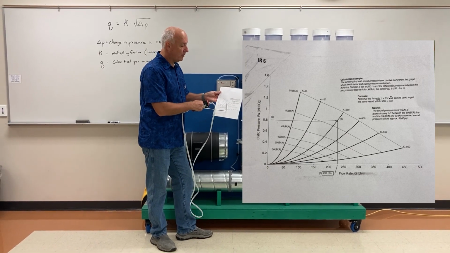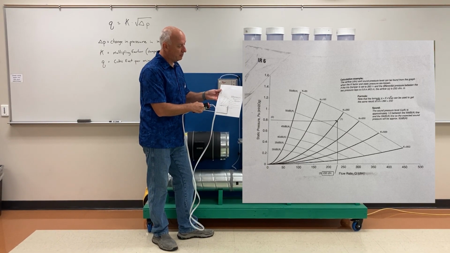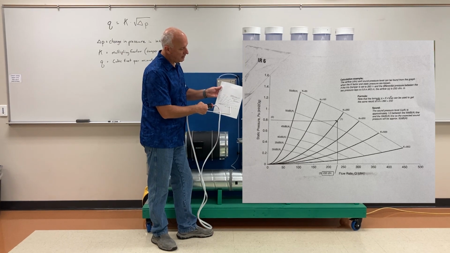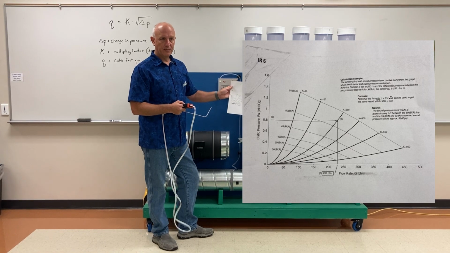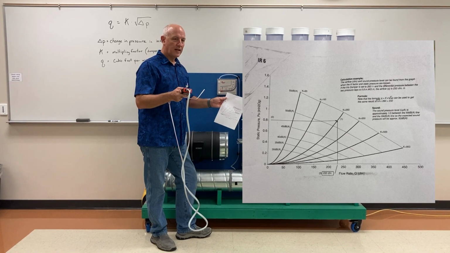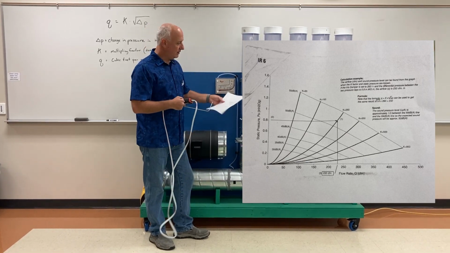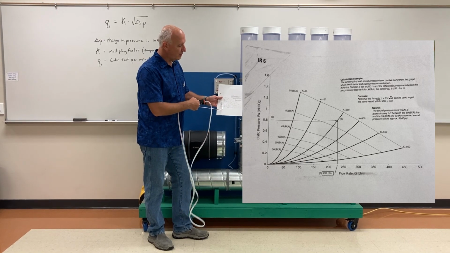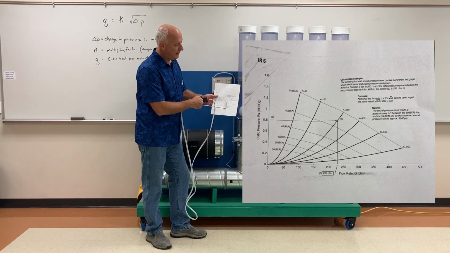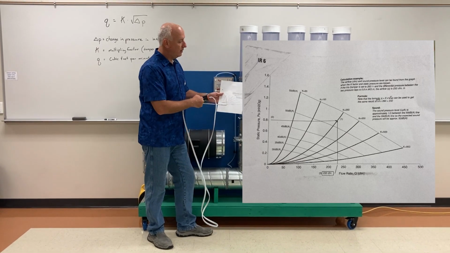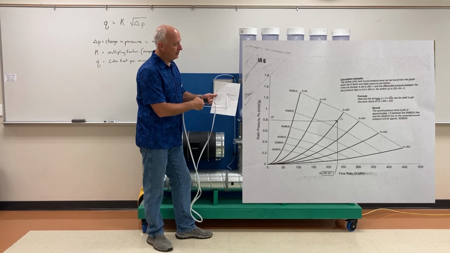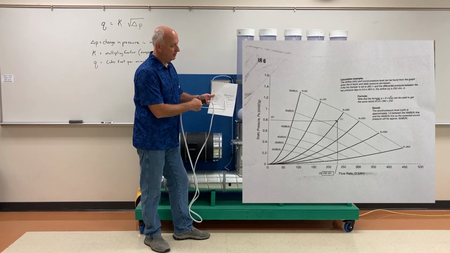You follow that across until it hits that curved line, and come across the bottom is quantity or your CFM, and you can get a measurement. So more precisely calculation, or you can come here and estimate again. Since you're guessing between numbers here, you're also guessing in between numbers here.